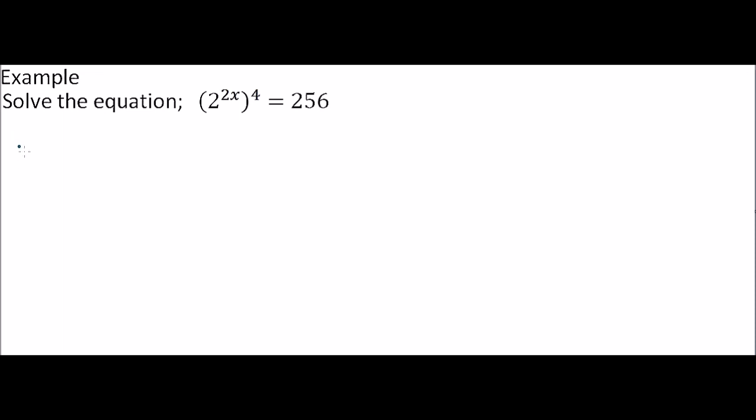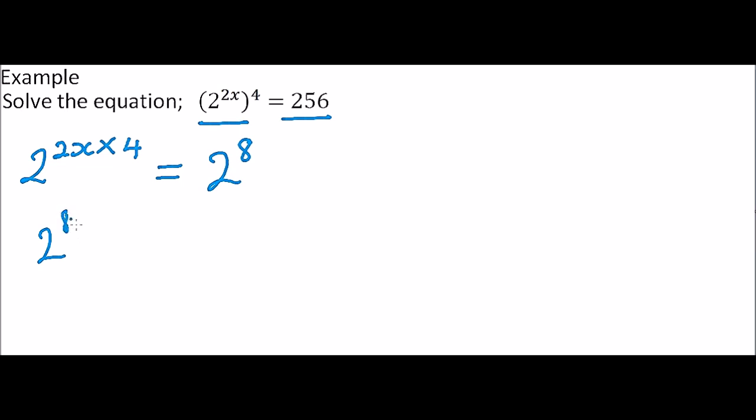Another example, solve the equation 2 raised to the power 2x, into bracket, raised to the power 4, is equal to 256. Here we can apply the third law of indices and say this is the same as 2 to the power 2x multiplied by 4, is equal to 256, which is the same as 2 to the power 8. Therefore this will give us 2x times 4, which is 8x, equal to 2 to the power 8.